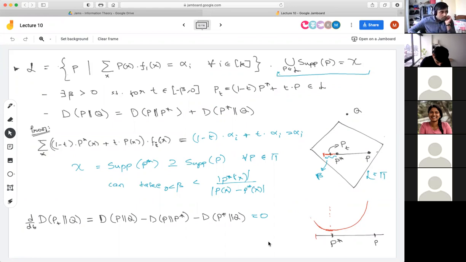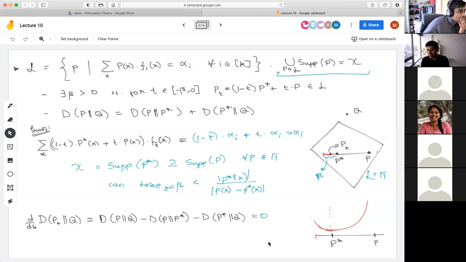It's the same argument as we used before. If we are approaching P star from the side of P, we said that the derivative has to be greater than or equal to 0, or the function has to be increasing as we go towards P. And now it also has to be increasing in the opposite direction, if we can move in that direction.